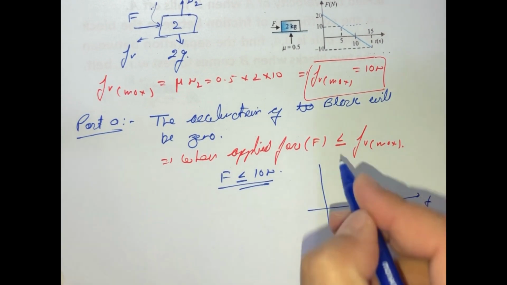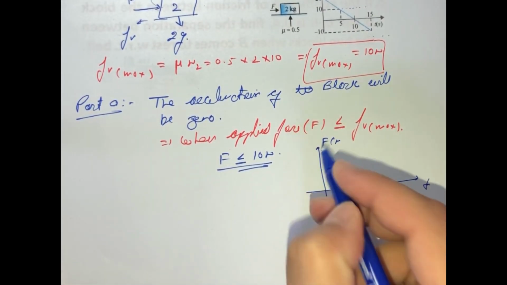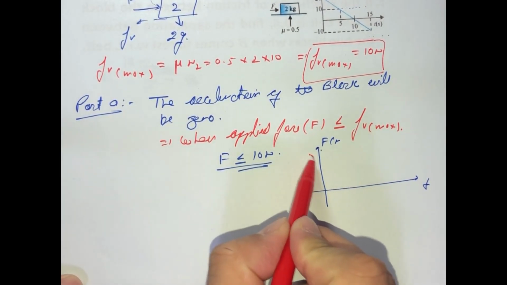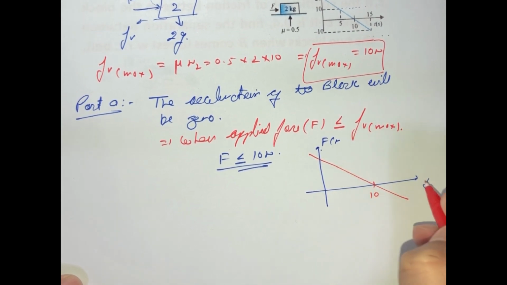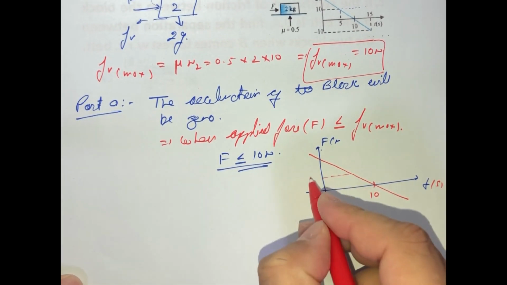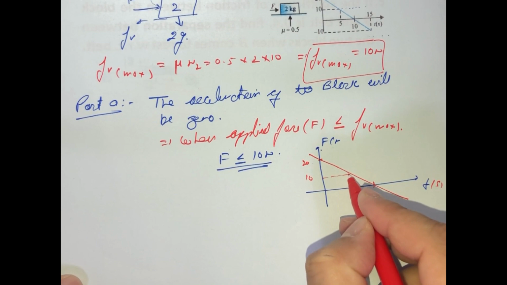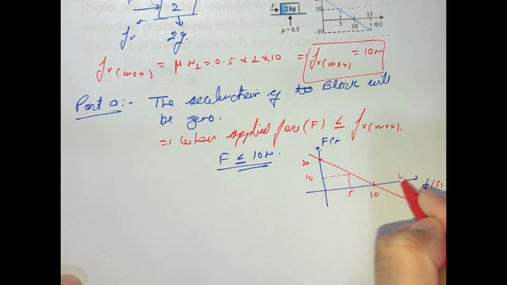This is time and this is force in Newtons, and we have a graph which is something like this. It crosses here at 10 seconds. This is time in seconds, and this will be 10 Newton and this point is 20. Correspondingly, time is given as 5 and here it is given as 15.